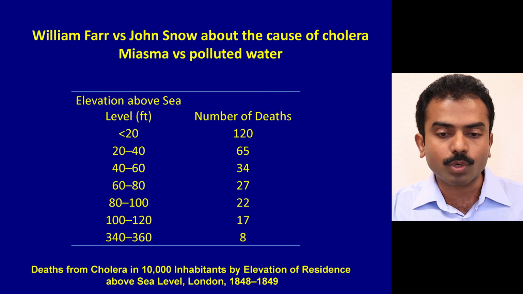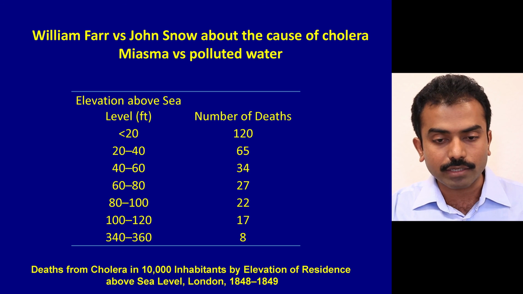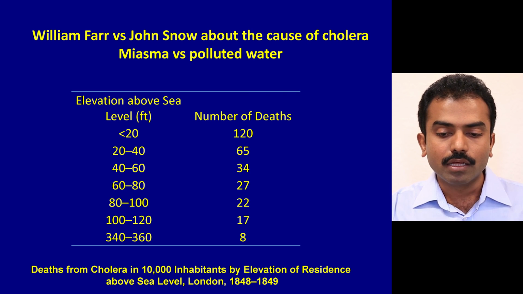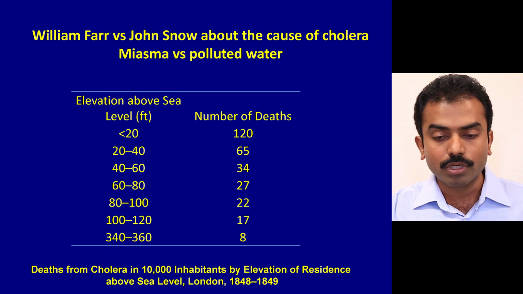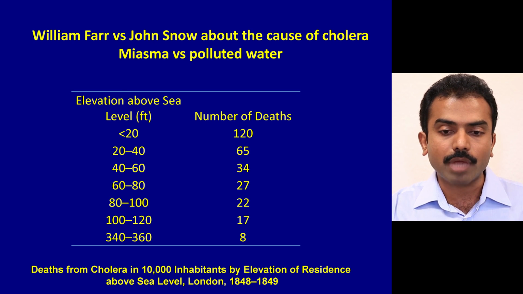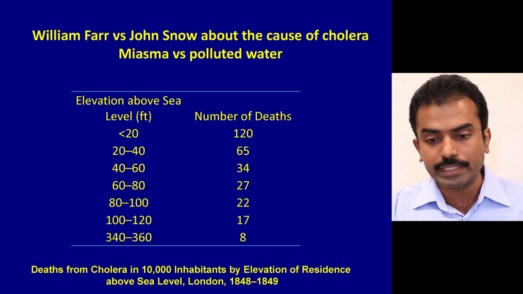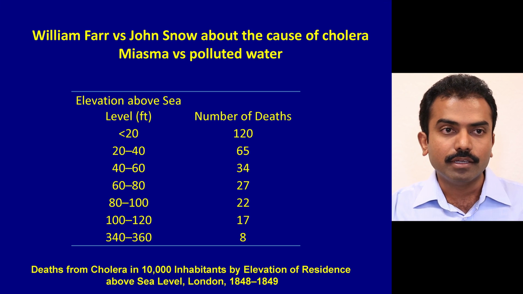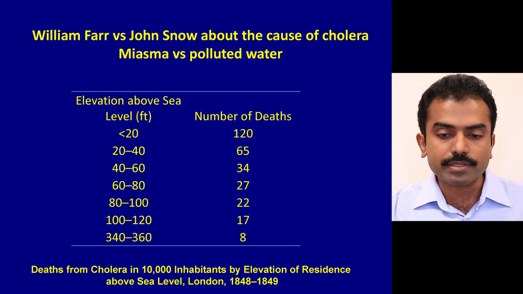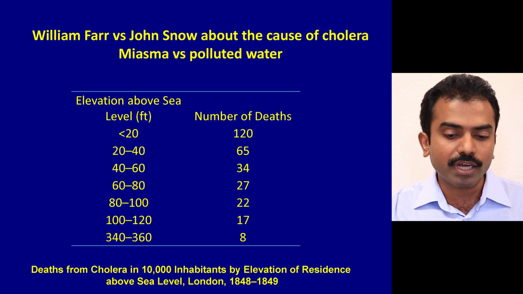And William Farr was the Registrar General of London at that time, and he had a hypothesis that cholera was due to what they called at that time the miasmatic theory of disease, which meant that the disease was due to a miasm or a cloud that clung low on the surface of Earth.